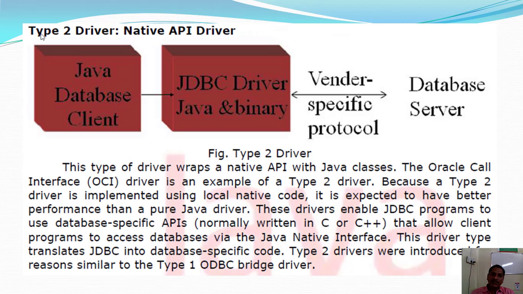These drivers enable JDBC programs to use database specific APIs, normally written in C or C++, that allow client programs to access databases via the Java native interface. This driver type translates JDBC into database specific code. Type 2 drivers were introduced for reasons similar to the Type 1 ODBC bridge driver. This is the Type 2 driver, native API driver.